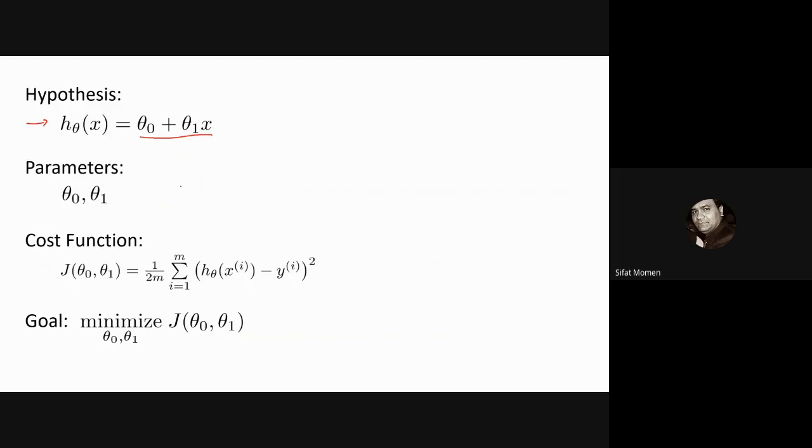Here the parameters that we want to find out are theta naught and theta 1, but we do not want to find out any theta naught and theta 1. We want to find out that theta naught and theta 1 for which this cost function that we have is minimum, right? Our goal is to find out those values of theta naught and theta 1 for which j, the cost function, is minimum. Am I clear or not clear?